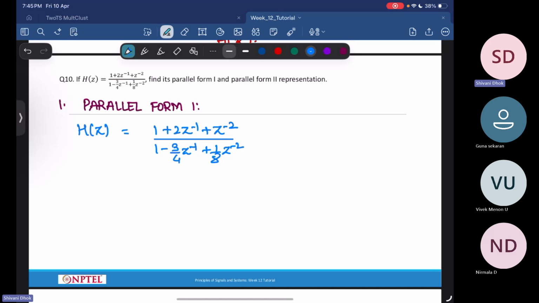Now, you have numerator and denominator having the same degree. So I'll write it in this form: 1 upon (1 minus 3 by 4 z inverse plus 1 by 8 z to the power minus 2) plus z inverse.